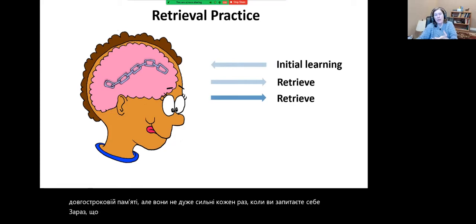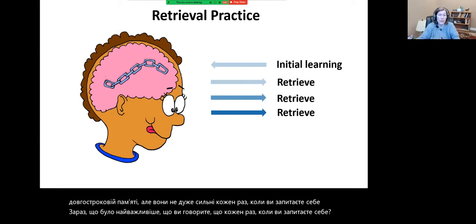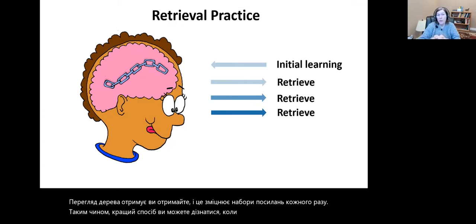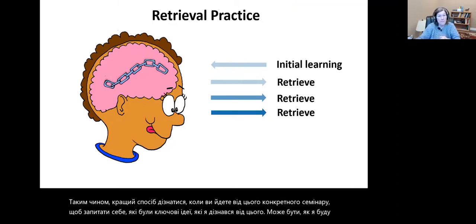Each time you retrieve, you retrieve, you retrieve, and it strengthens those sets of links. So the best way you can learn when you're walking away from this particular seminar is to ask yourself, what were the key ideas I have learned from this? Maybe how will I apply them in whatever I'm studying or teaching?